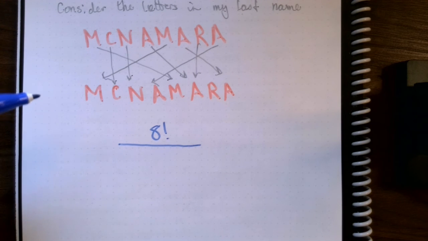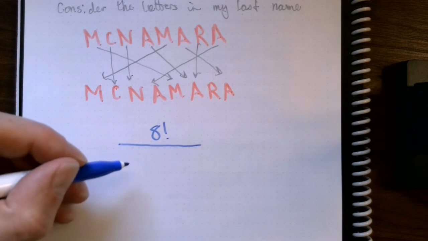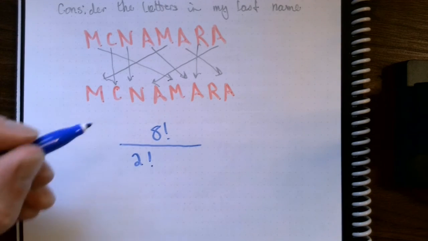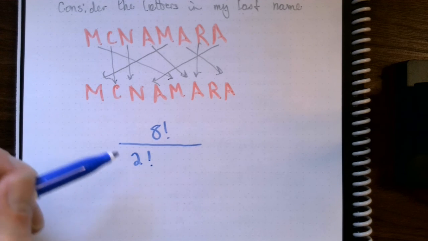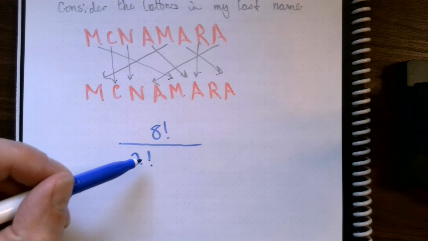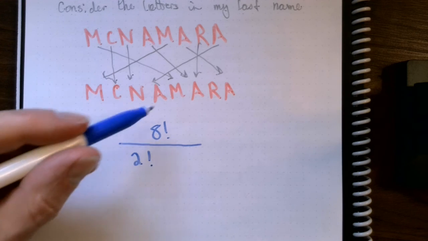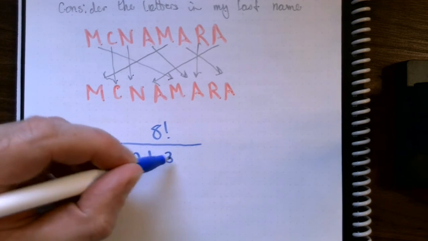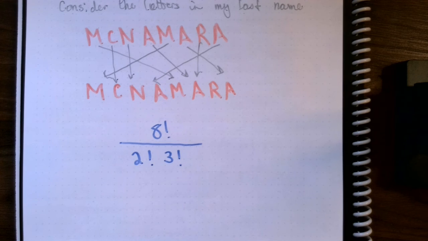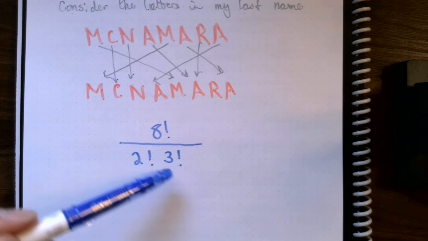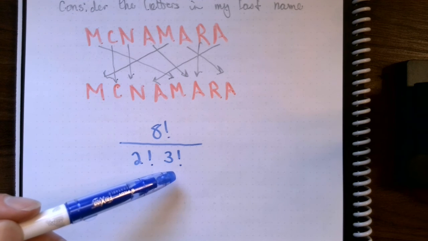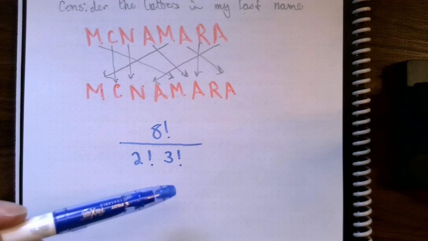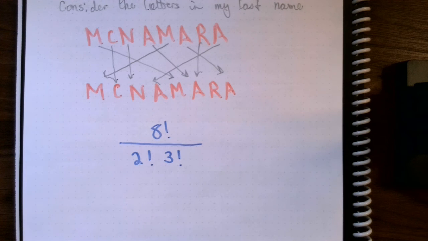So what I need to do is I need to divide out the number of ways to rearrange the two M's in whatever 2 spots I choose for the M's, since they're identical. And there are 2 factorial ways to arrange 2 things in 2 spots. Then I got to deal with the A's. Once I choose where the A's are going to go, I got to divide out by the 3 factorial ways to rearrange the 3 A's in 3 spots.